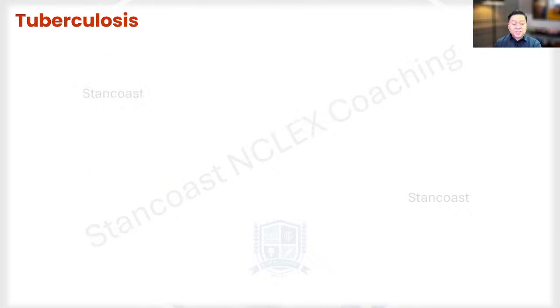Now, we'll talk about the different assessment findings in a patient with TB. Some of these patients may not have any symptoms at all, or maybe they will have some subtle manifestations that can be easily overlooked.